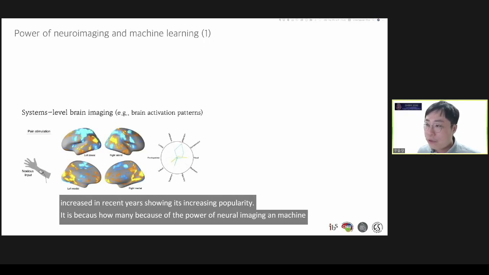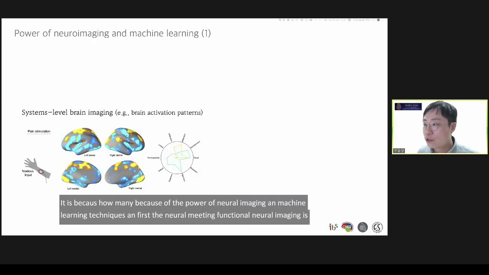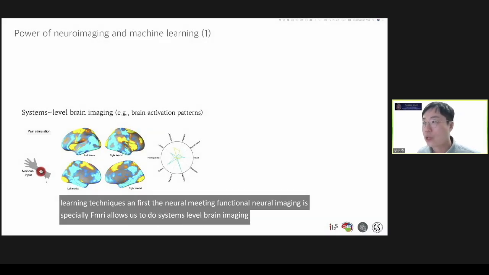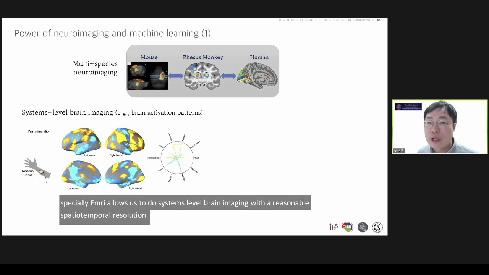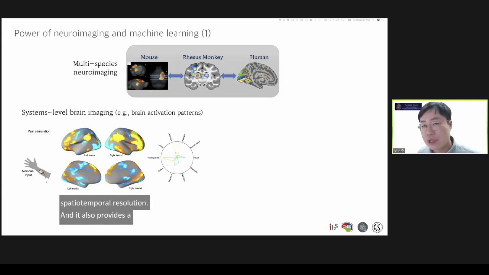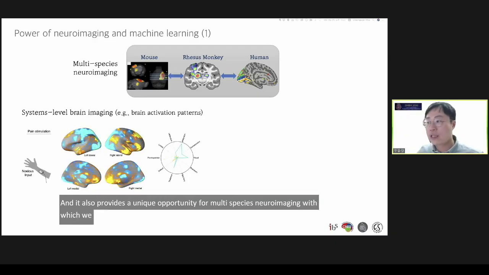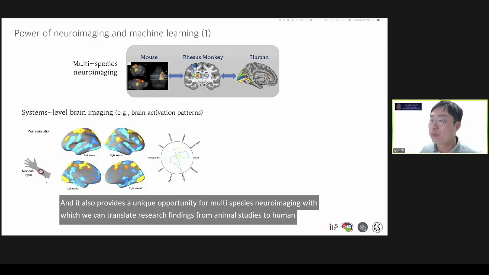And first, the functional neuroimaging, especially fMRI, allows us to do systems level brain imaging with a reasonable spatial temporal resolution. And it also provides a unique opportunity for multi-species neuroimaging with which we can translate our research findings from animal studies to human and human studies to animal.